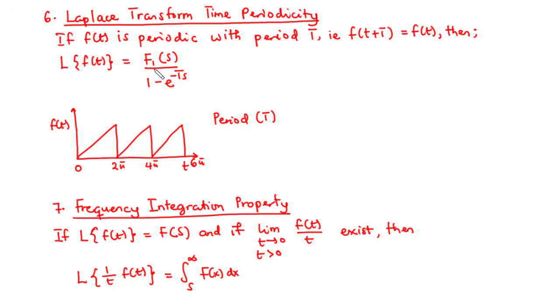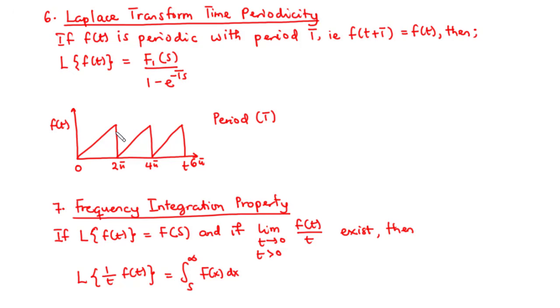Now just to explain briefly what a periodic signal or a periodic function is. A periodic signal is a signal that repeats its cycle over a regular time interval. So looking at this graph, the graph of f of t against t, this signal starts from 0 and ends at 2 pi, and then it starts a new cycle from 2 pi through to 4 pi, and then from 4 pi through to 6 pi. Now from 0 to 2 pi is one complete cycle, so that is the period of the signal.